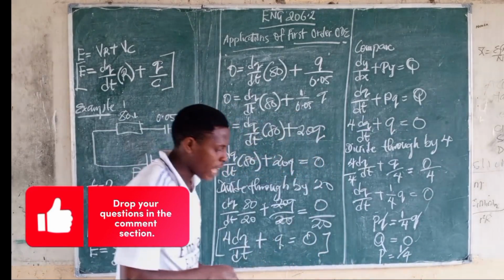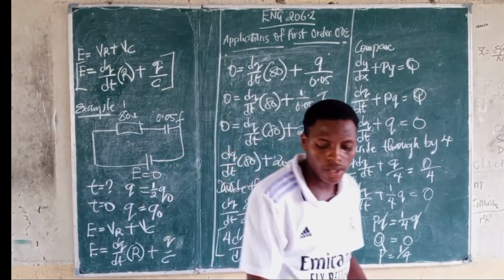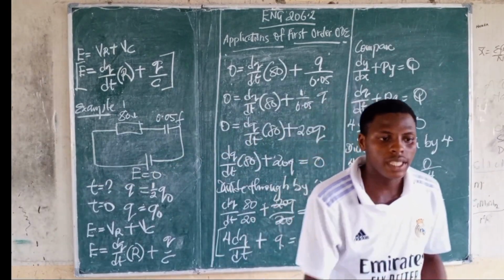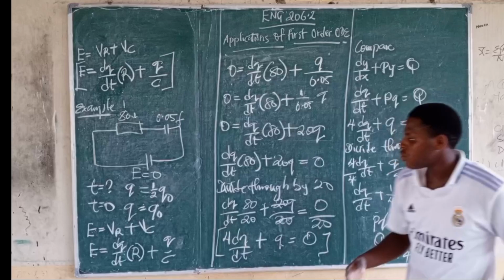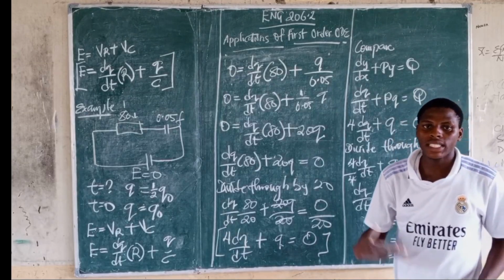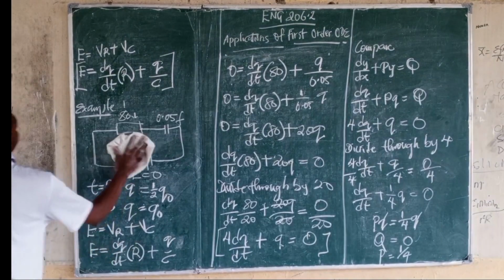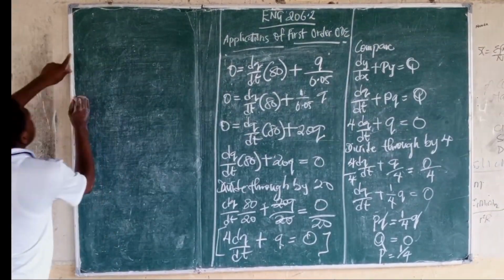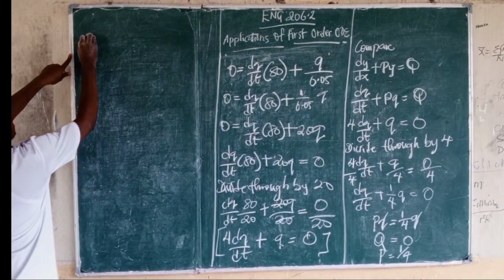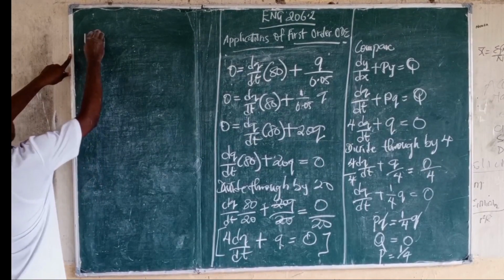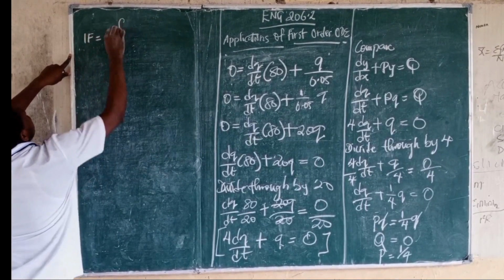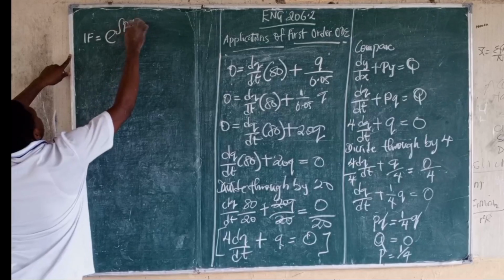What is the next thing? I told you when solving integrating factor, you apply your IF statement, and the one you want to apply is the first IF statement. Our first IF statement is IF equal to exponential integral of P dx.